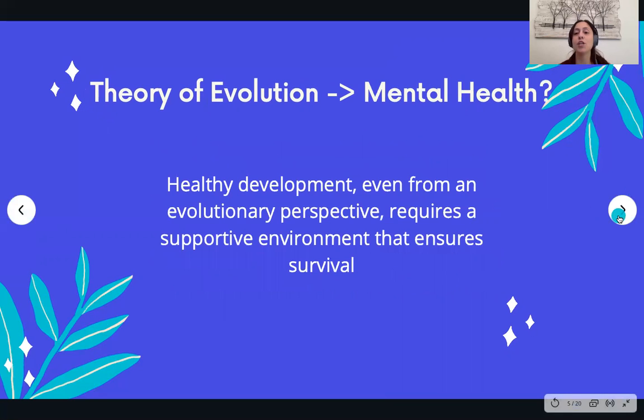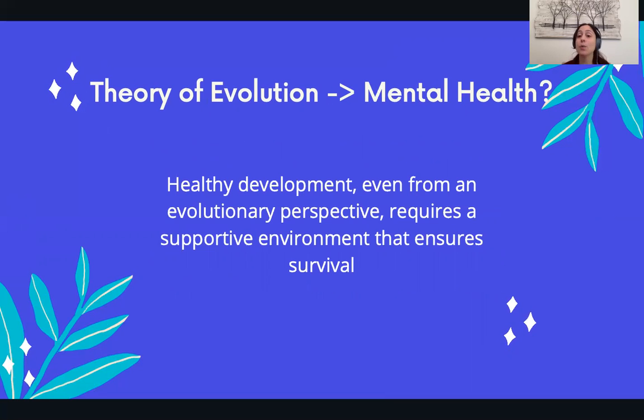Now, of course, you may be wondering, how does this apply at all to mental health? Why am I learning about evolution? But it actually does. Healthy development, even from an evolutionary perspective, requires a supportive environment where the individual is more likely to survive to reproductive age. If someone was raised in an abusive household, for example, their capacity for attachment and social interaction are likely negatively impacted.